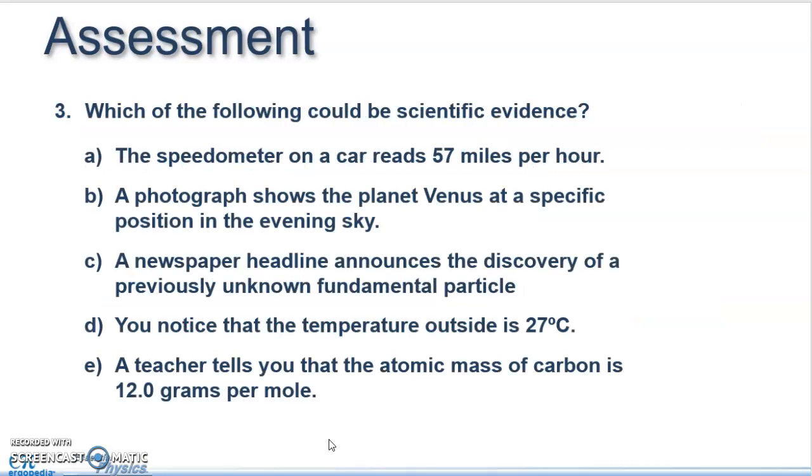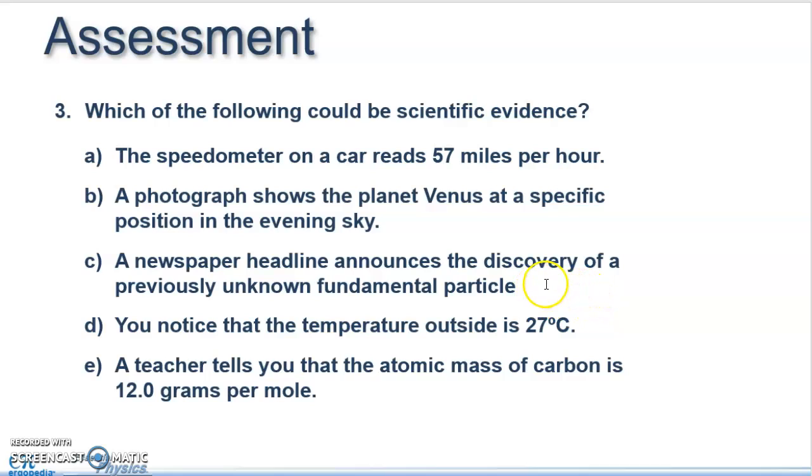All right, and let's see. Which of the following could be scientific evidence? Speedometer reads 57 miles per hour. Photograph shows, and I think we can answer yes to more than one of these. A photograph shows Venus at a specific position in the evening sky.